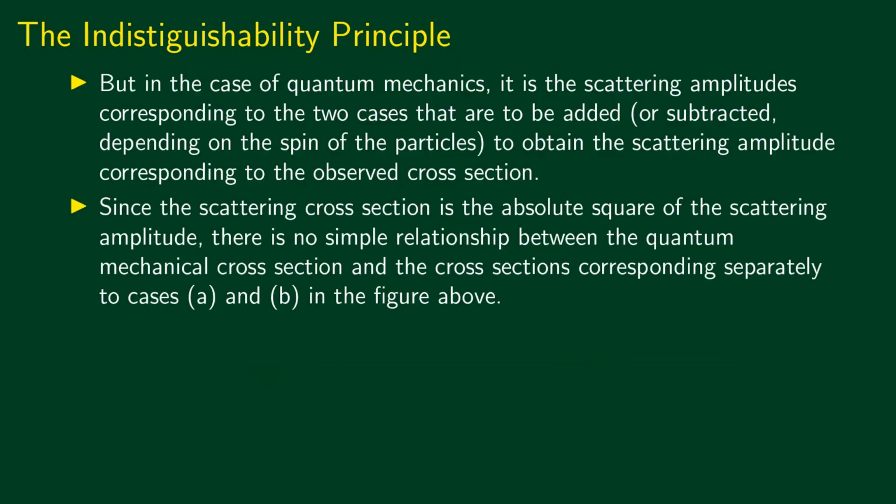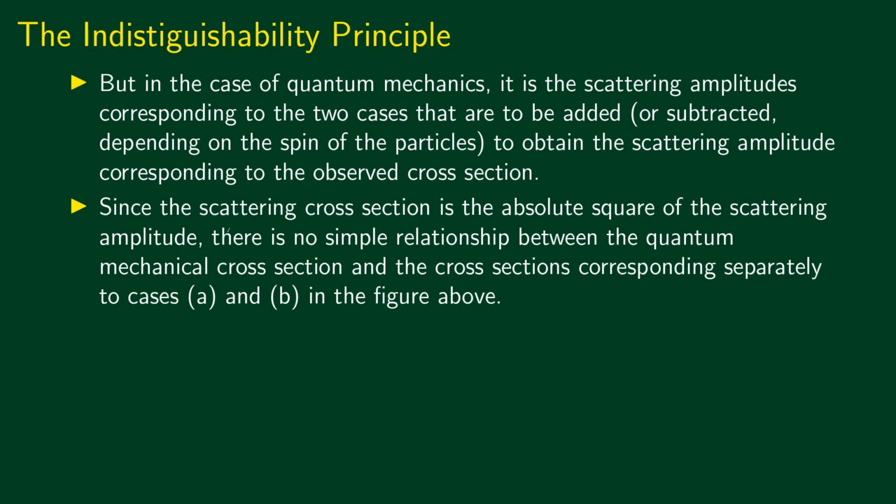In the case of quantum mechanics, we calculate the scattering cross-section by taking the modulus square of scattering amplitudes. And in the case of proton-proton scattering, quantum mechanics says that we have to add the scattering amplitudes corresponding to the two cases to find the total scattering amplitude, and then take the modulus square of the total scattering amplitude to find the scattering cross-section.